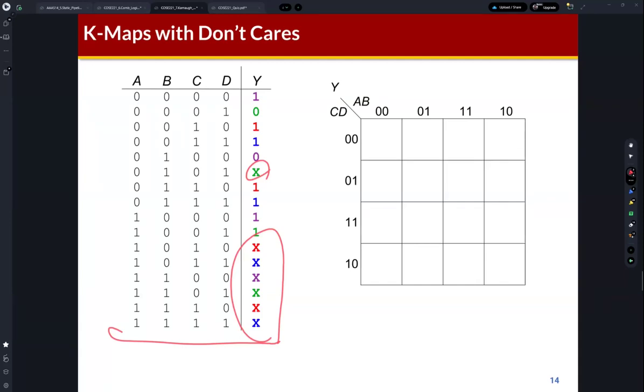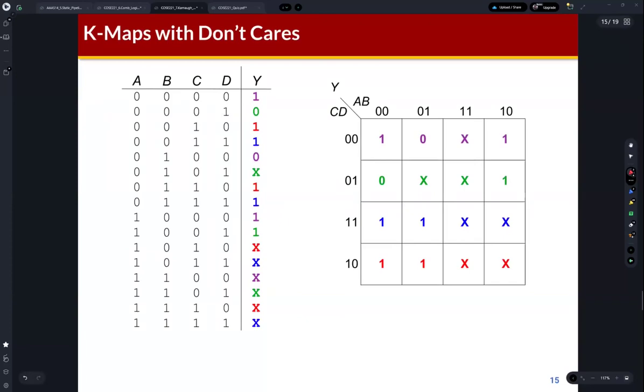Because it's called don't care, right? It can be 1, it can be 0. Then we can allocate the output of this truth table to the Karnaugh map like this.